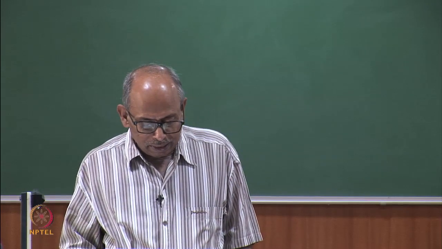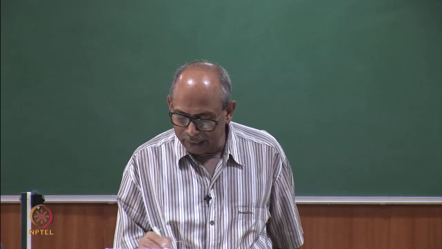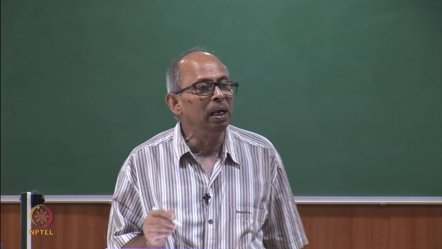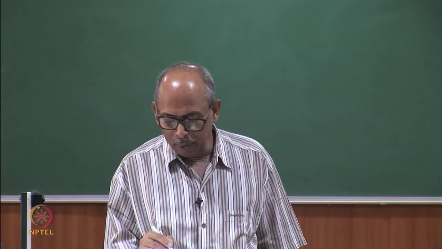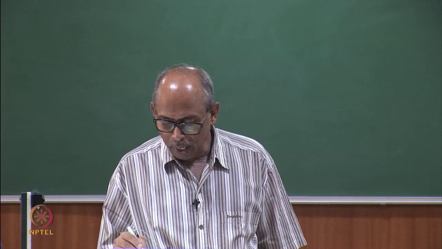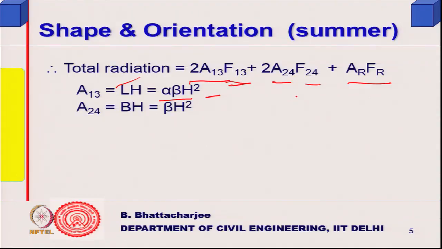So, what I say is A13 can then be written as alpha beta h square, like we did earlier, because L is equal to alpha into b. This is A13 equal to alpha into b into h, L into h we are saying.